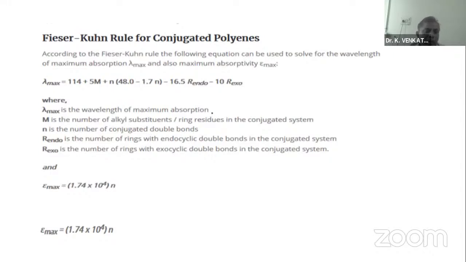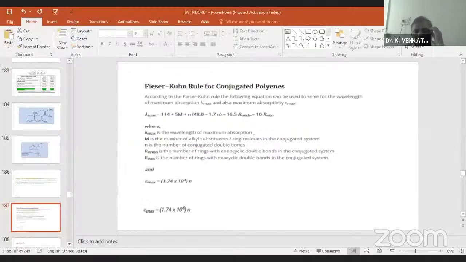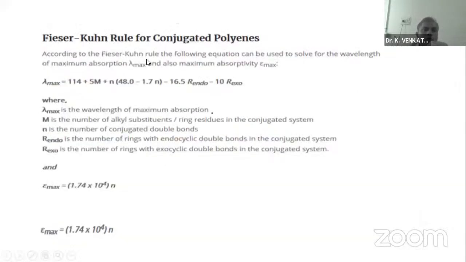So what is the formula? According to Fieser-Kuhn rule, the following equation can be used to solve for the wavelength of maximum absorption and also maximum absorptivity.